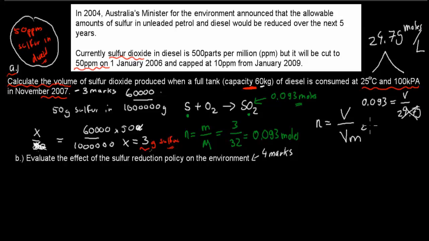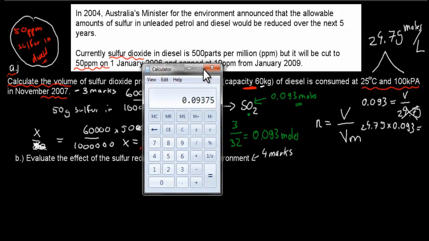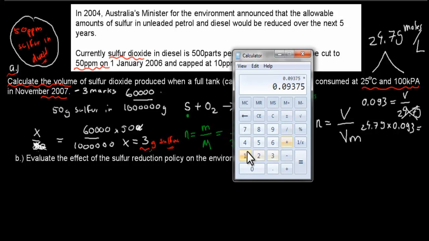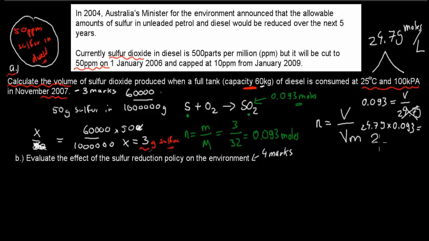So then we have 24.79 times 0.093, and that will equal our volume. That's 2.32. So we have 2.32 liters of sulfur dioxide. That would be the answer for this question. So this is the actual answer.